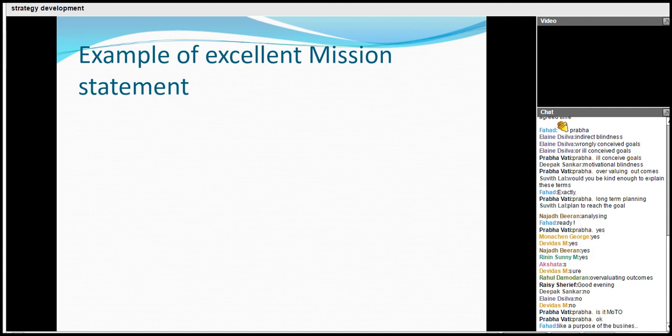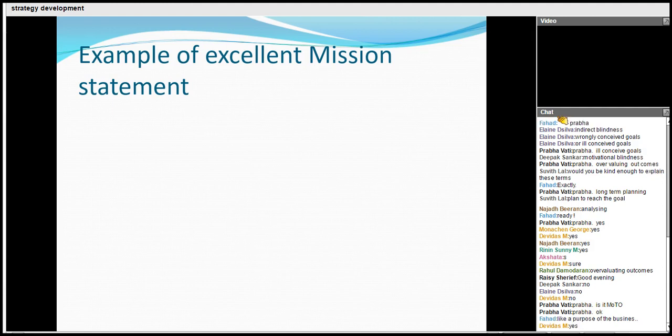Do you understand what I mean? That is the purpose of the business. What kind of service do you provide? Do you provide education service? For example, the mission of IMTS is education, to deliver quality education to the people. I don't want to go into details, but we should be able to have a clear understanding of what you're providing to the people.